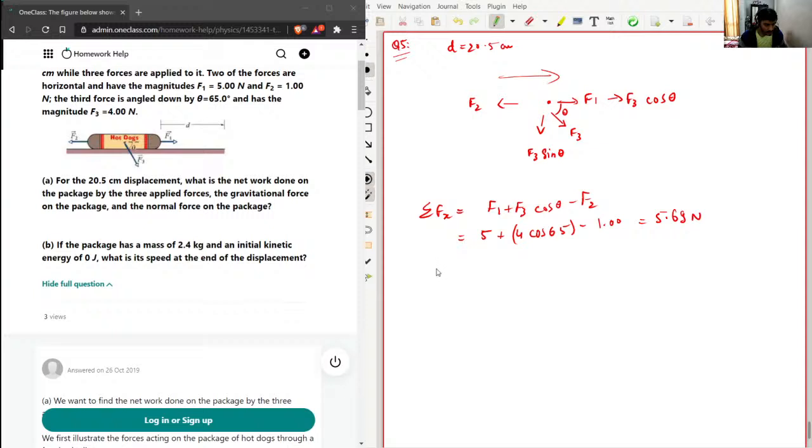And we need to find the work done. So work done is going to be summation of Fx into the displacement. So this is 5.69 newtons and my displacement is 20.5 centimeters. So we'll just convert it. This will become 0.205 meter.